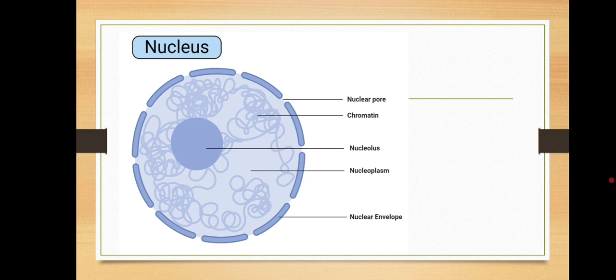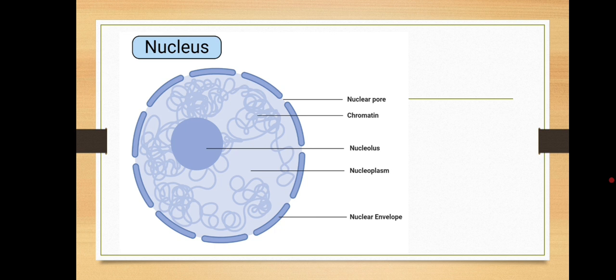Since our DNA is extremely long, it cannot fit inside the nucleus properly. So what the histone protein does here is it helps in packing the DNA so that it can fit inside the nucleus properly.